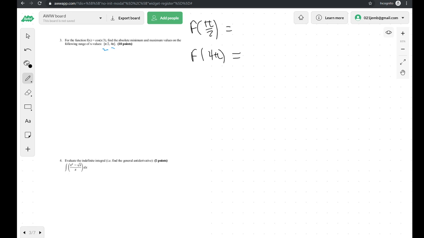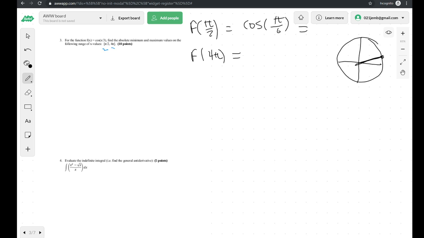So let's see if any of these will yield a nice value. So we have cosine of pi over 2 times 3, which is pi over 6. And that's going to be a half, right? Because pi over 6, if you remember your unit circle, is located somewhere over here.